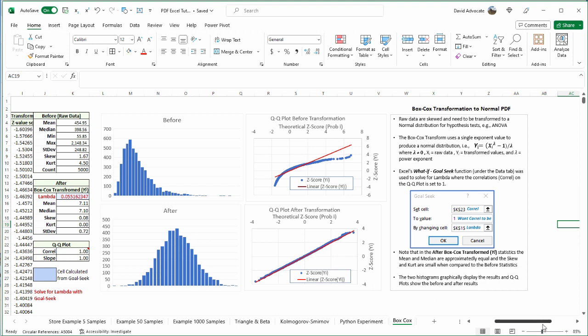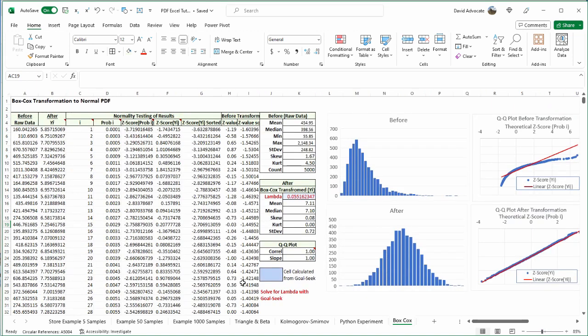Let's take a look at the data to see how this works out. So I've put in a log normal distribution with 5,000 observations. Here's where we solved it. We set up a set of sequential numbers, 1 to 5,000, and we calculate the probability, which is basically the value I minus 0.5 divided by the count.